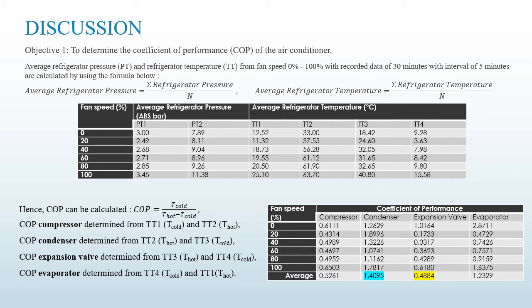So based on the COP calculation, the condenser has the highest average COP among all with 1.4095. Meanwhile, the expansion valve of the air conditioner has the lowest efficiency with a COP of 0.4884.